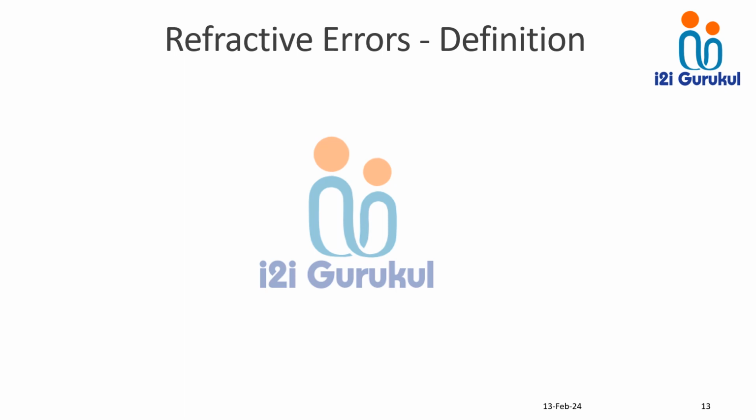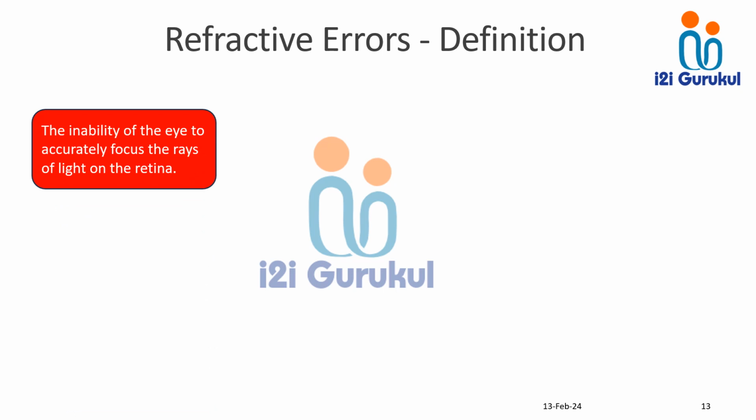The answer is the ability of the eye to accurately focus the rays of light on the retina. If the rays of light do not focus on the retina, a blurred image may be seen by the person. This condition is known as refractive error.